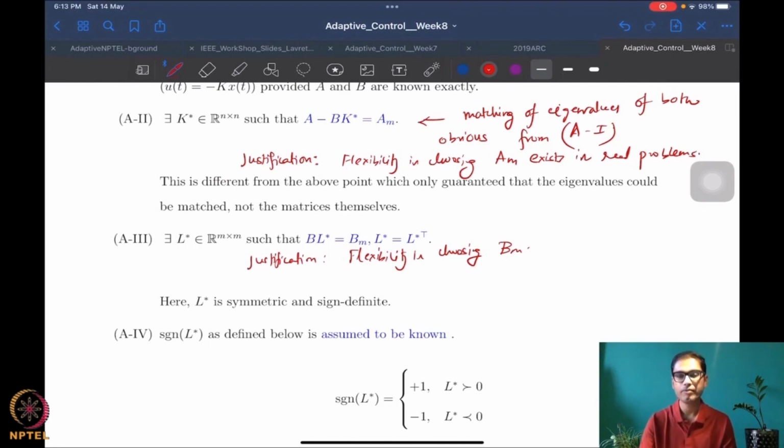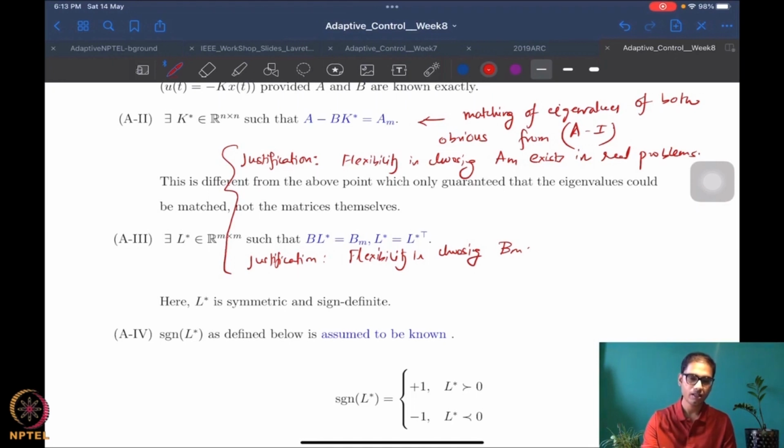All right, there is some flexibility in choosing BM. So yes, these assumptions are to be taken with a pinch of salt. Yes, I agree that these assumptions are very restrictive, but these are the sort of justifications under which we operate.